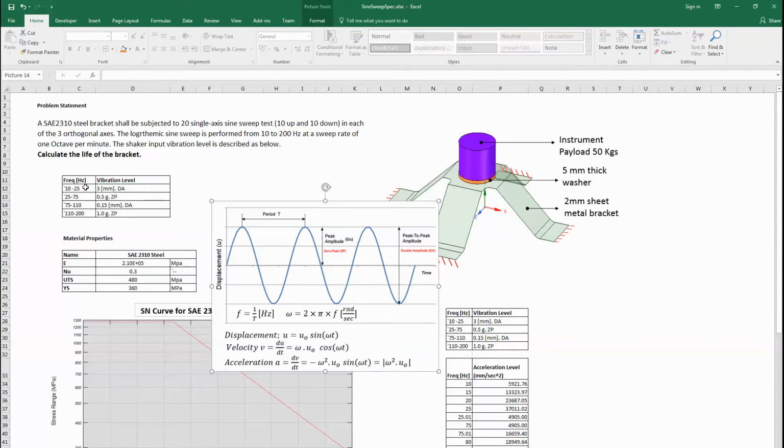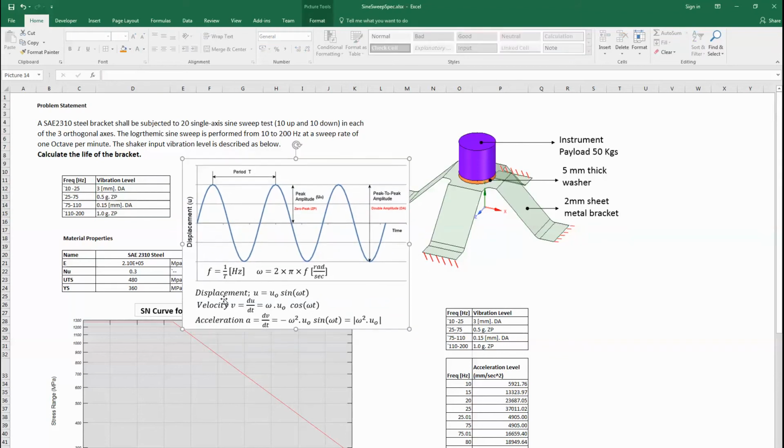So in order to simulate this specification, we need to convert all these peaks either in terms of acceleration or displacement. However, it's a common practice to convert the whole specification in terms of acceleration. For a typical sine wave, once we know the displacement, u0 sin(omega t), the velocity is the derivative of displacement with respect to time, which becomes omega u0 cos(omega t).